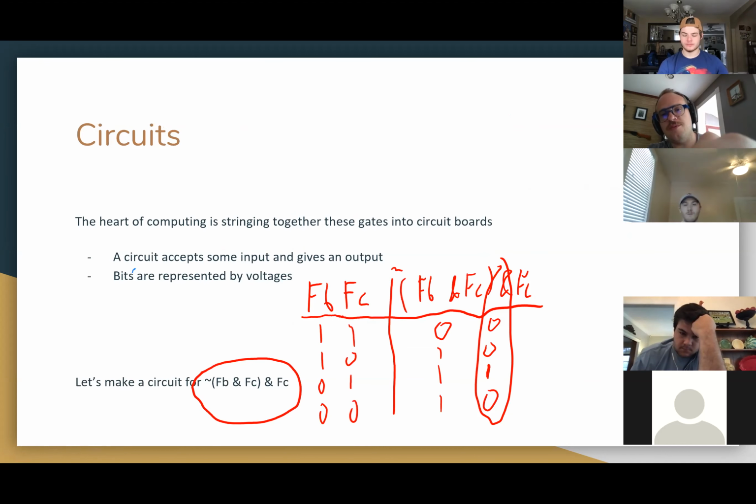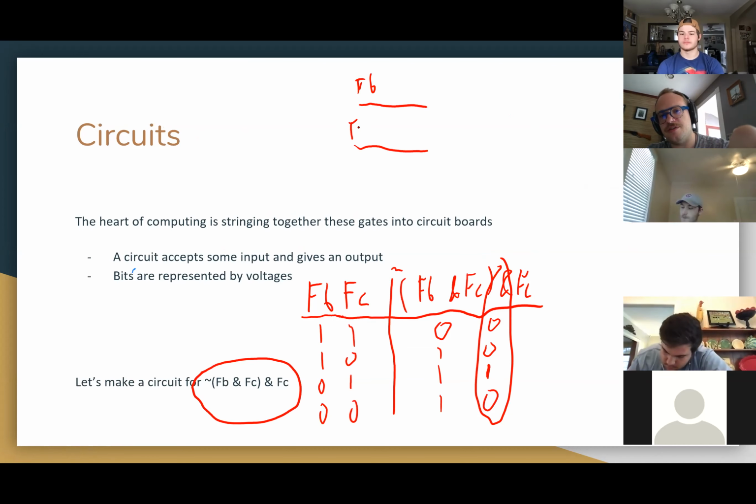Okay, so the way we do that is we create 2 input wires representing FB and FC on our diagram. And then starting from the smallest, sorry, there's 3 inputs. So FC again.